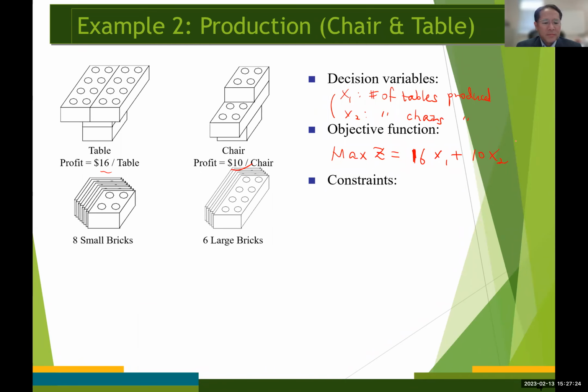And what constraints do we need? The resource constraints, for large bricks and small bricks. So we need two constraints. Two large bricks are needed for making one table, and one large brick is required for making a chair, but only 6 large bricks are available.